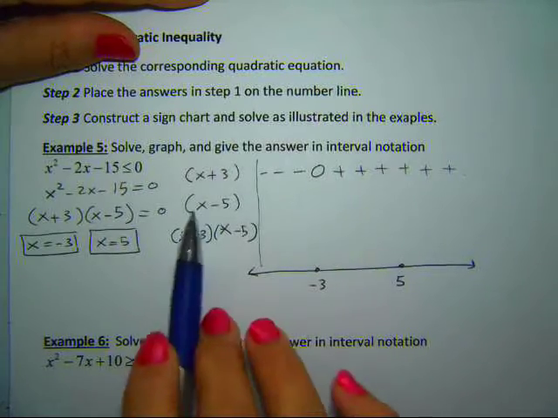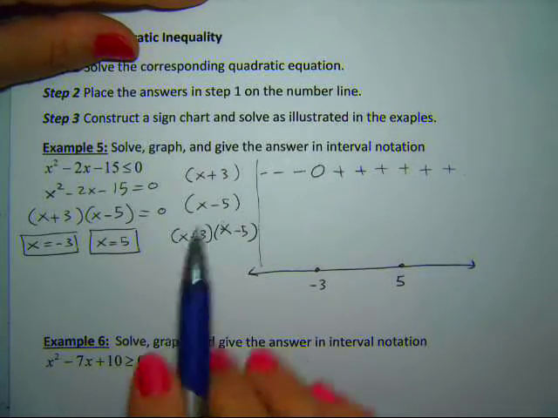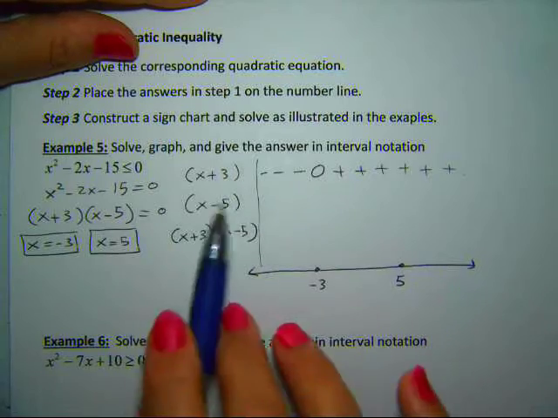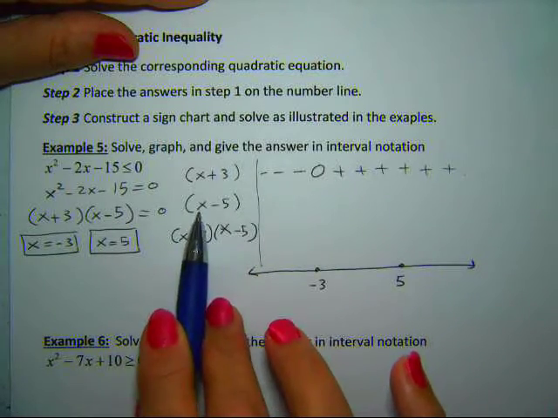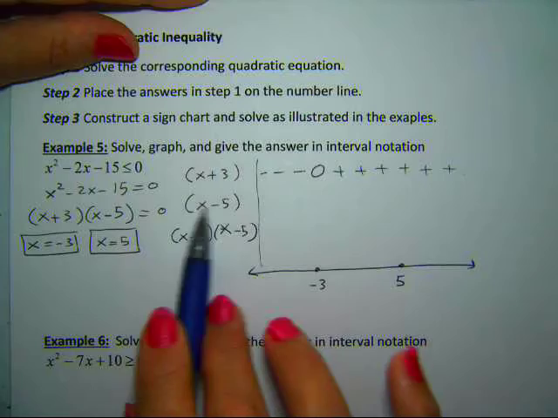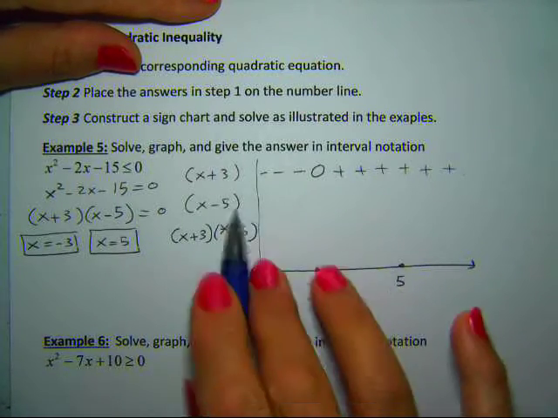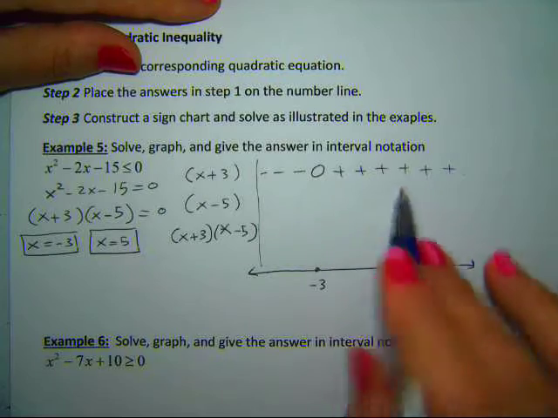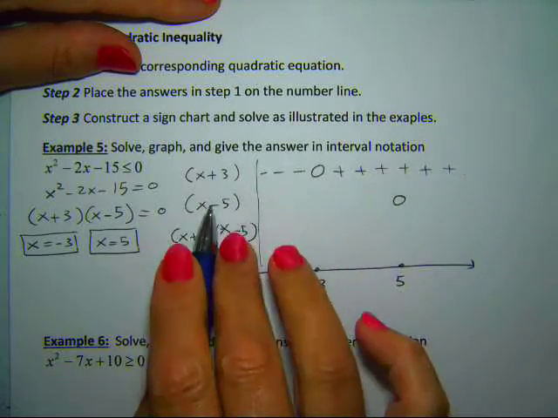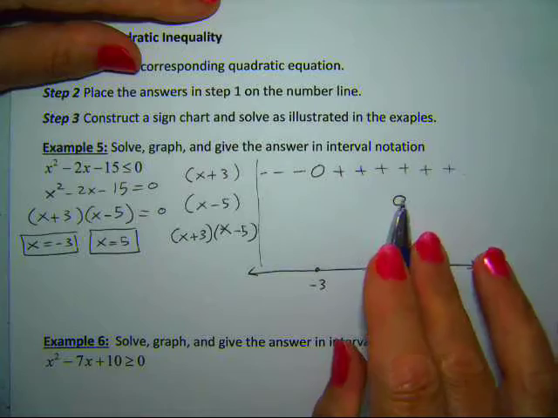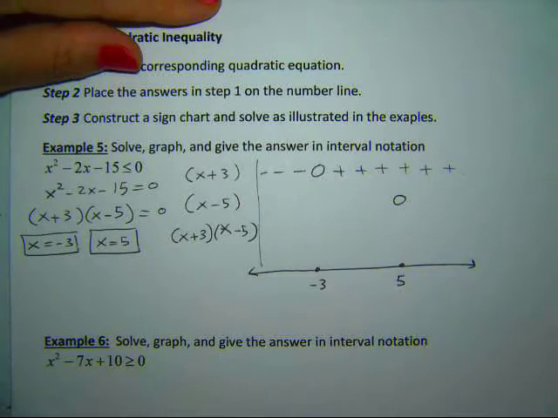Let's test the second factor, and then we'll explain. Second factor. When is this equal to 0? When x is 5, because 5 minus 5 is 0. So again, you go to the 5, and above 5 we say this factor is equal to 0 when x is 5. Now a testing point.